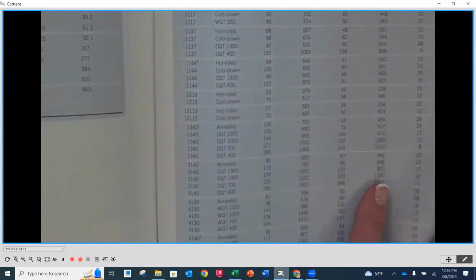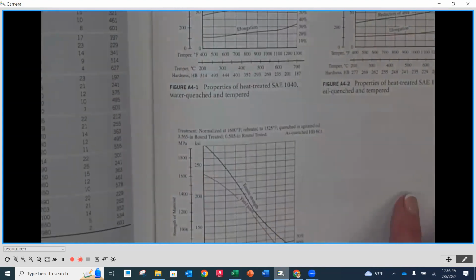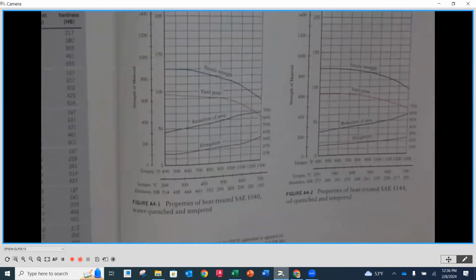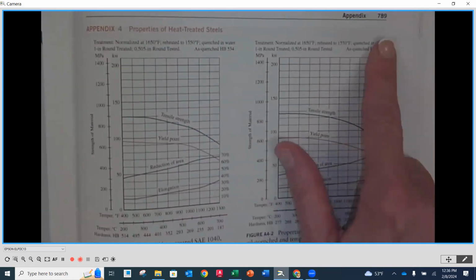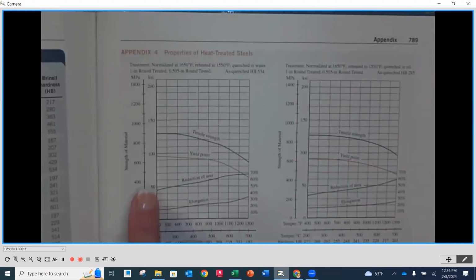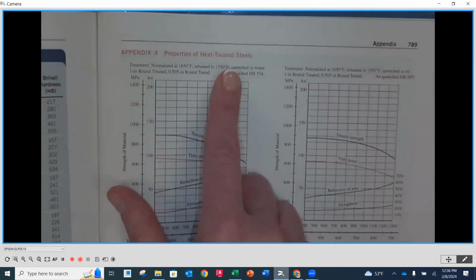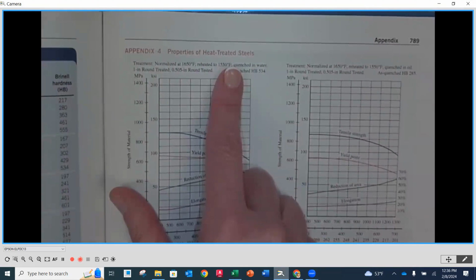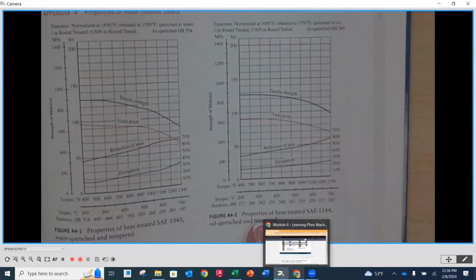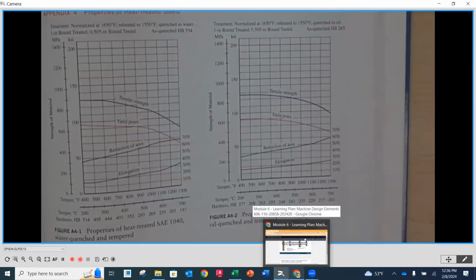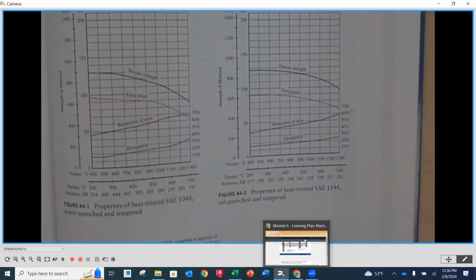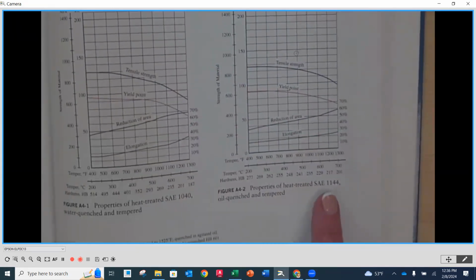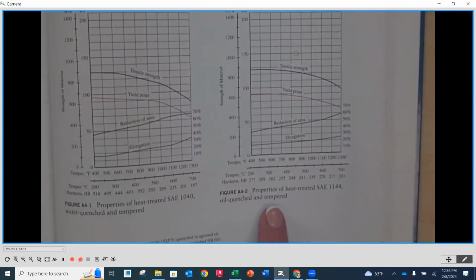That's okay. Then we're going to turn the page, and on page 789, here's another reference for heat treated materials. When something says oil quenched and tempered, it's heat treated, and the 1000 means it's tempered to 1000 degrees. Down here, you'll notice there are properties for heat treated SAE 1144, oil quenched and tempered.